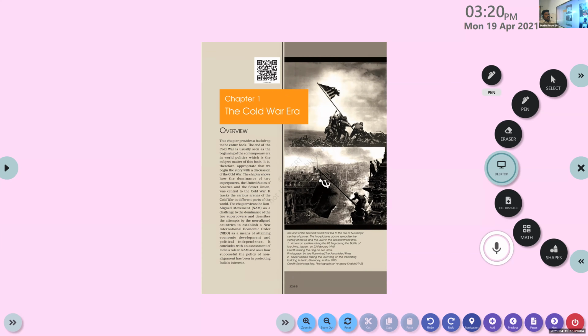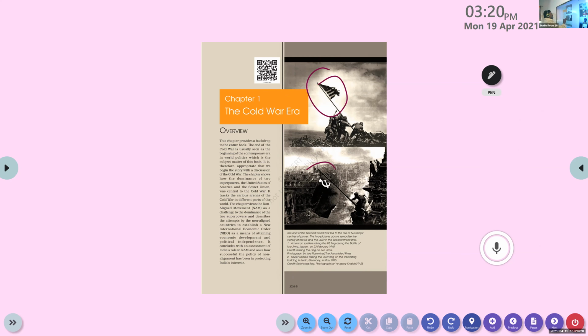One is led by Russia, USSR, the Soviet Union. The other is by the United States of America. On the first page itself, you're able to see the pictures of the American flag and the Russian one, the communist flag.